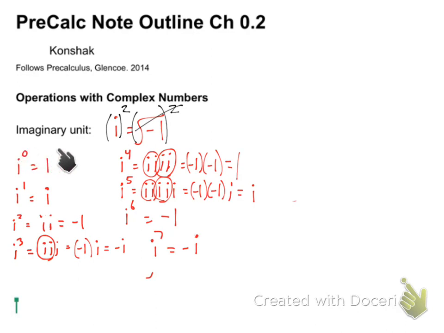Which would start the list over down here at -i. And then I'd go to -1. So it's like I can pick up that list and move it backwards or forwards. It's the same 4 answers that are going to be there.